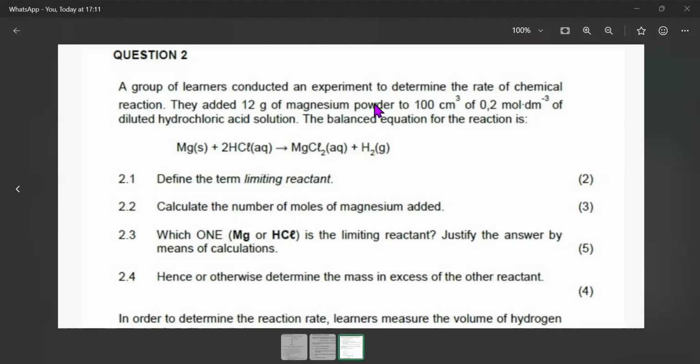Now, there's one thing that we know about the limiting reagent. If they wanted us to calculate the mass of magnesium chloride that is produced, we would definitely use the limiting reagent, as well as for hydrogen, because the limiting reagent controls the amount of product that is produced. But in this case, they want us to calculate the mass in excess of the other reactant.